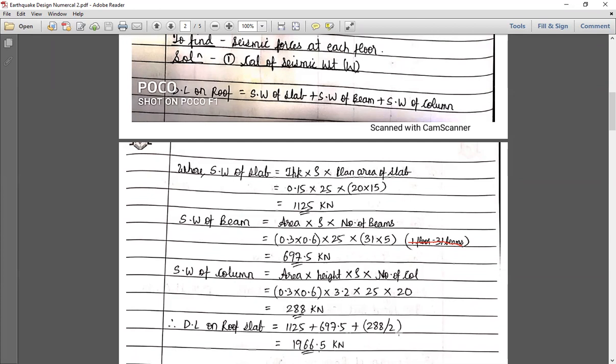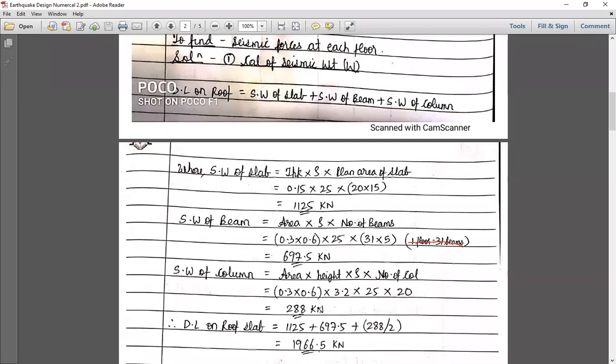ठीक है. Why? On the roof the height of the column is not exactly 3.2. So we have taken half of that. Is this clear? If you see on the roof, जो columns है, they stop at the parapet level only. Are you getting? So that is the reason we have taken only half of this value on the roof slab.